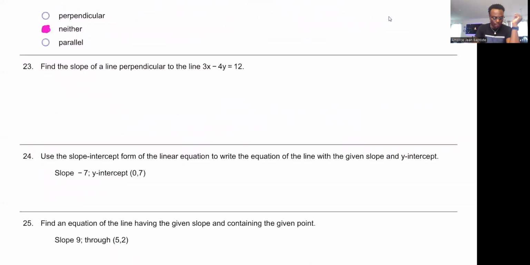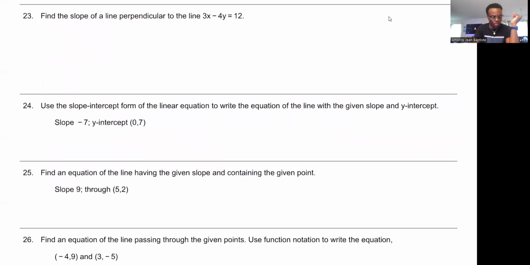Here is another example. They have this problem, right? And they want me to find the slope of a line perpendicular. So if I'm looking for the slope of a line perpendicular to one given line, I'm looking for the slope of this line and take its opposite reciprocal. But to find the slope, the easiest way is to solve it for y so we can get the slope-intercept form.